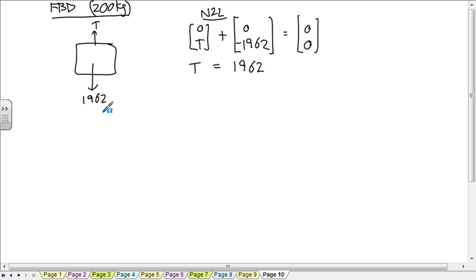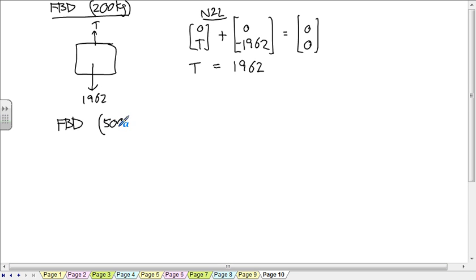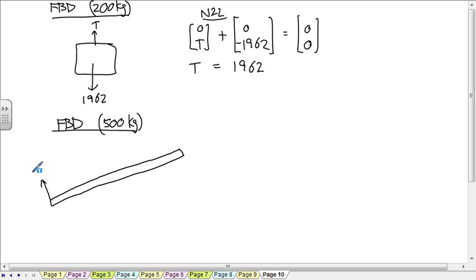And now we can go on to the free body diagram of the beam. Okay, so we have a force that way of 1962.